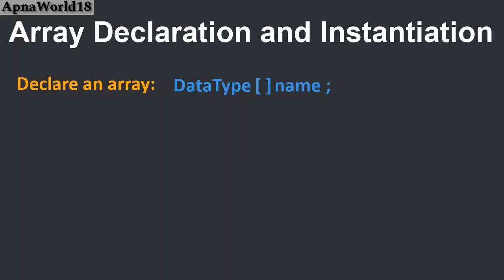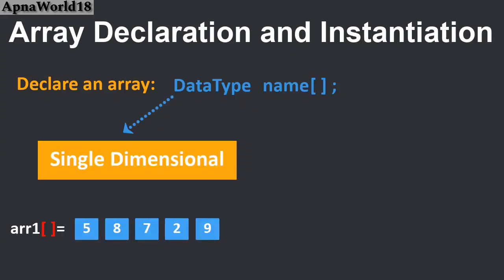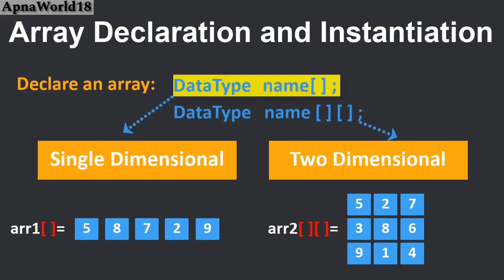Now you can put a square bracket either before or after array name, both are valid. If you put only one, it means it is a single dimensional array. If you put 2, means it is a two-dimensional array and it can store a matrix kind of structure and so on. For the moment, we will focus only on single dimensional array.